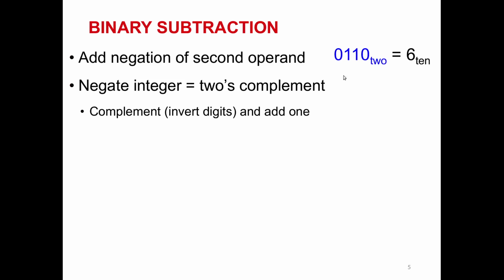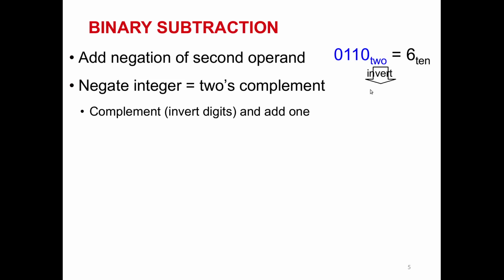Here is an example. You have a value of 6 in decimal and you want to get minus 6 in binary. So 6 in binary is 0 1 1 0.